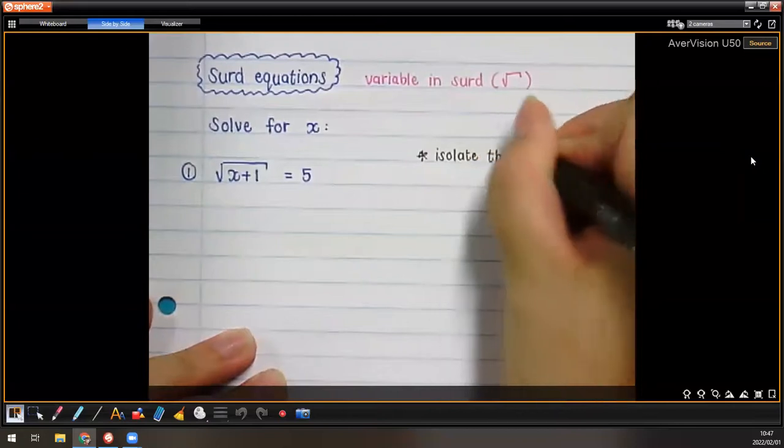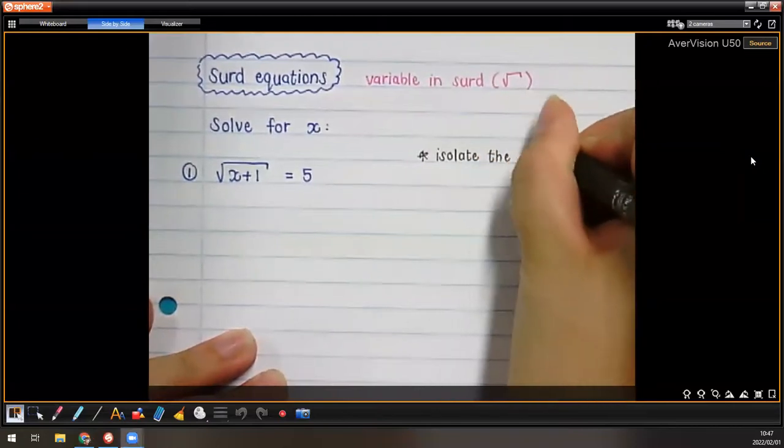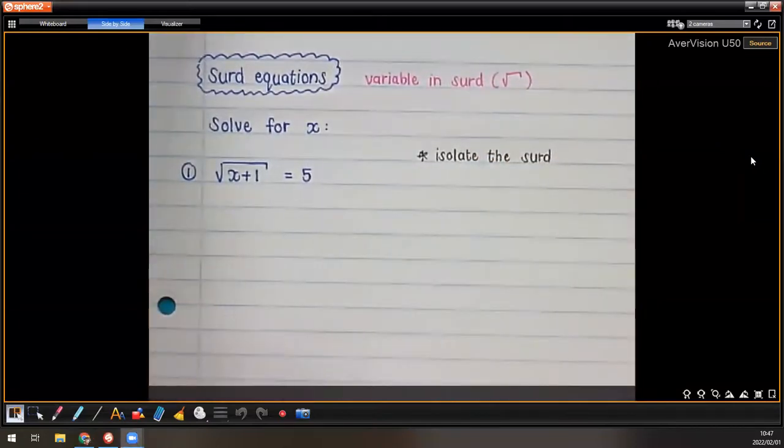So it's different from the quadratic equations that we've done, right? With the quadratic equations, we always try and get everything on one side and have it equal to 0 on the other side. We're not going to do that in this case, right? We're going to make sure that our surd is on its own and everything else is on the other side.